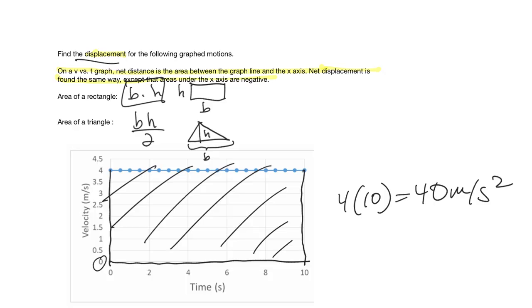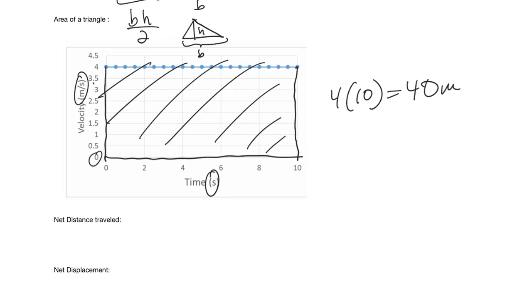Oops. It's meters per second times seconds, which is just meters. Okay, what's the net distance traveled? 40 meters. What's the net displacement? Because it's positive above the x-axis, it's positive 40 meters.